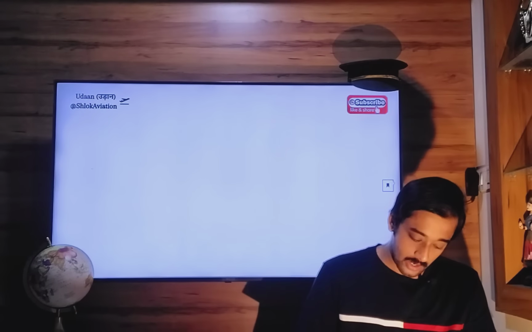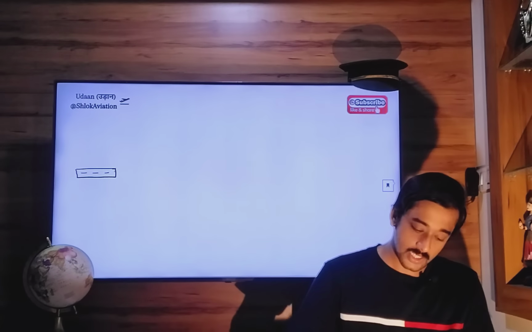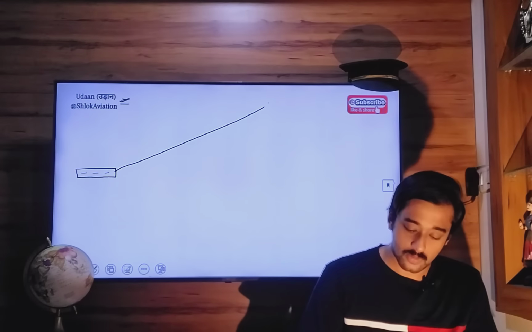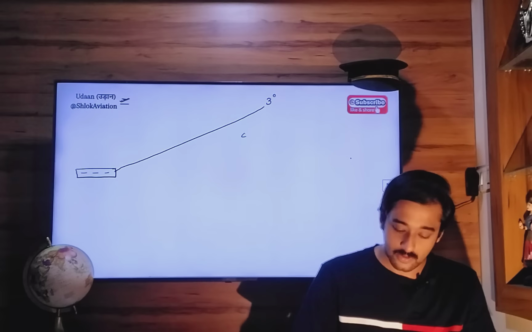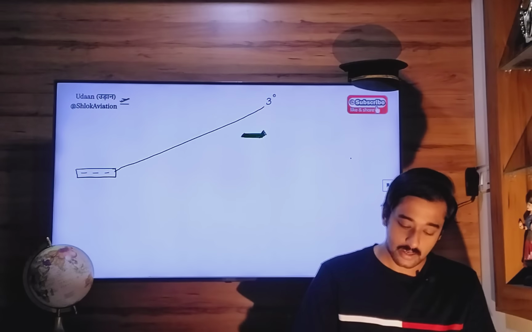So let's say this is your runway. This is the standard 3-degree glide slope. Your aircraft is below the glide slope somewhere here.